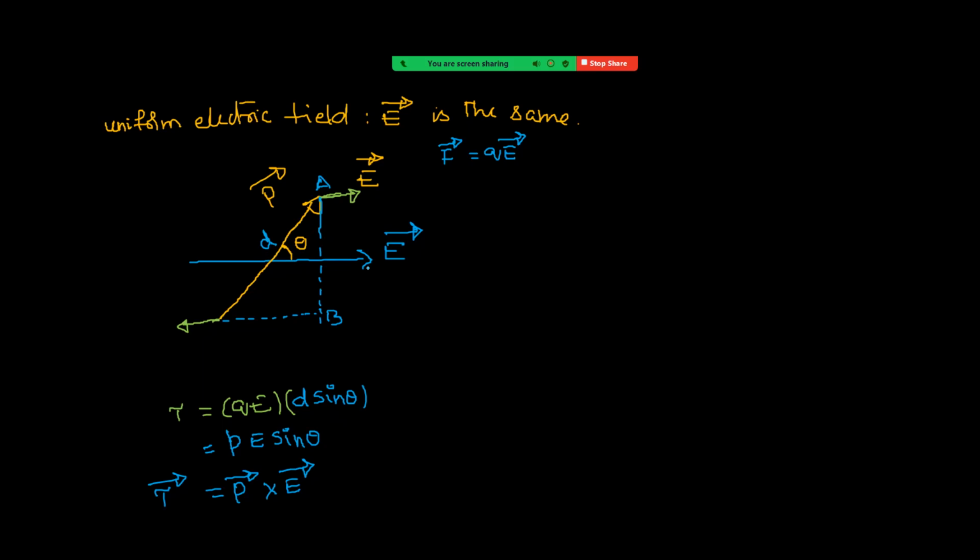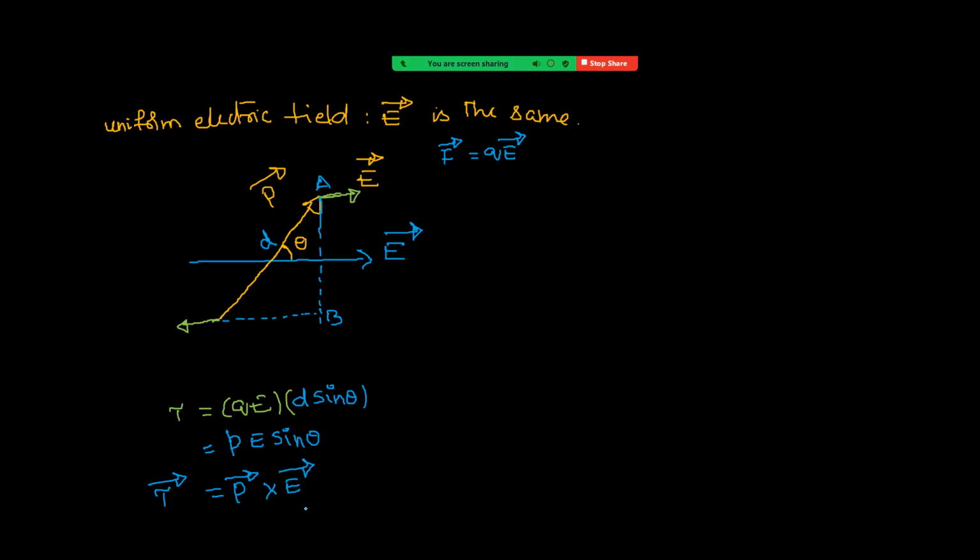It is now clockwise, right? I am repeating. If you place your right hand on first vector P bar, curl fingers towards E bar, it is clockwise. That means torque is now clockwise. So it is matching with that, right? That's why it should be P bar cross E bar.